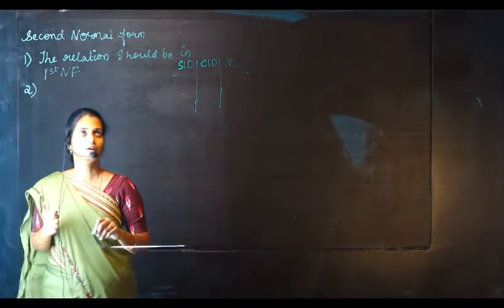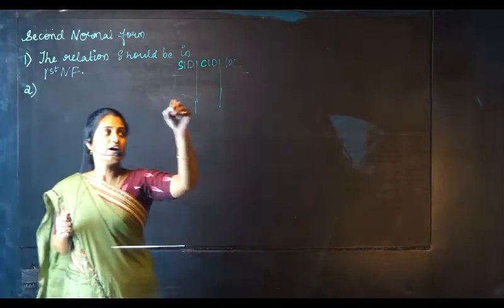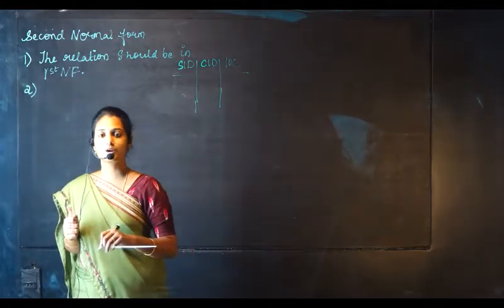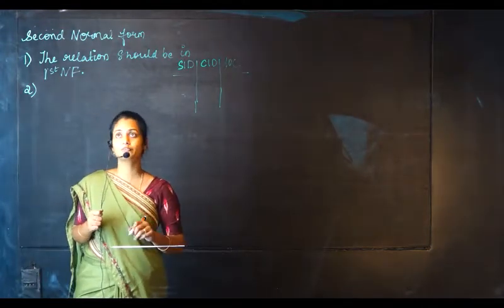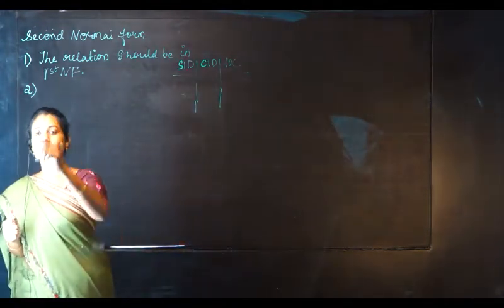So how can you say the table is in second normal form? It should first satisfy the first normal form, and this is very important.